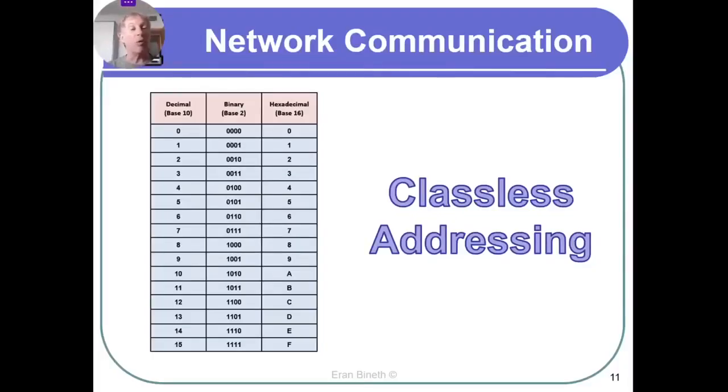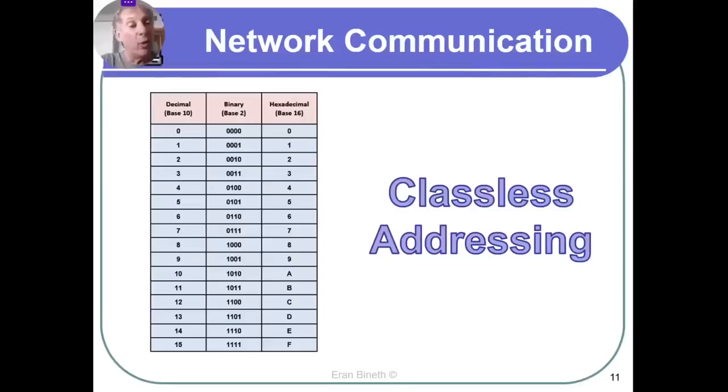Accordingly, we could have only class A's of 256 companies with 16 million each, or class B with only 16,000 companies with 65,000 each, or class C with 2 million companies or households with 256 computers each.